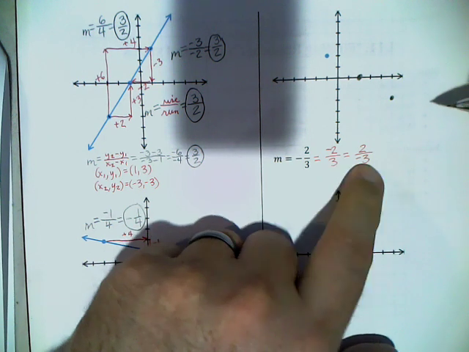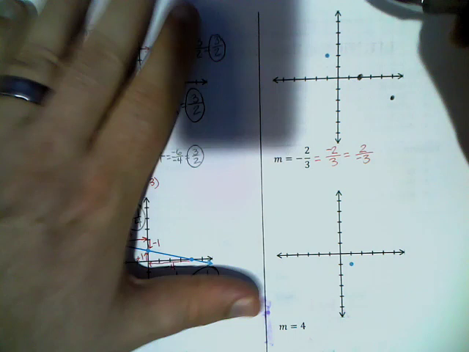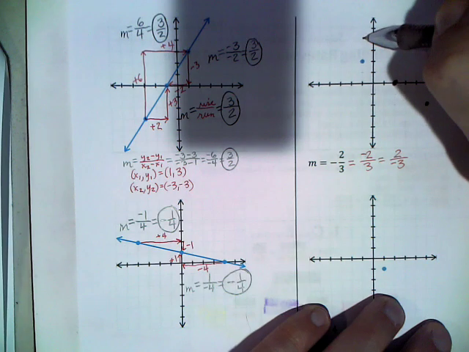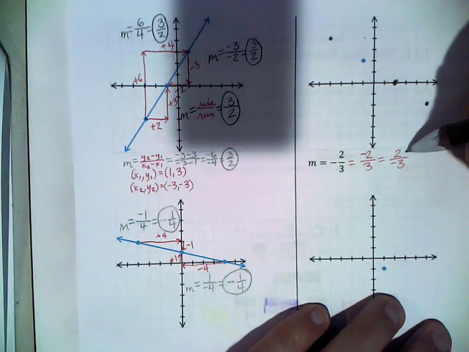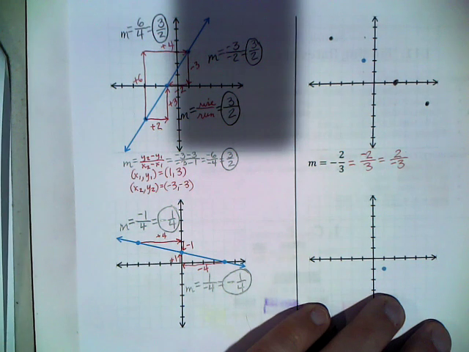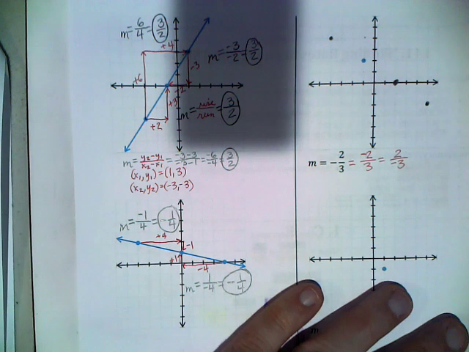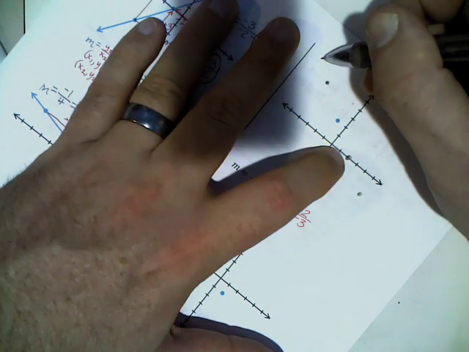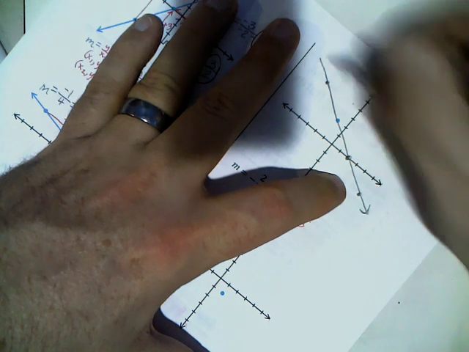Or we can reverse it and go with this. So I could go back up and go 1, 2 up, and 1, 2, 3 left. So up 2, left 3. All right, that's about all the points that I can fit on this space right here. So I'm going to go ahead and draw my line through those points.